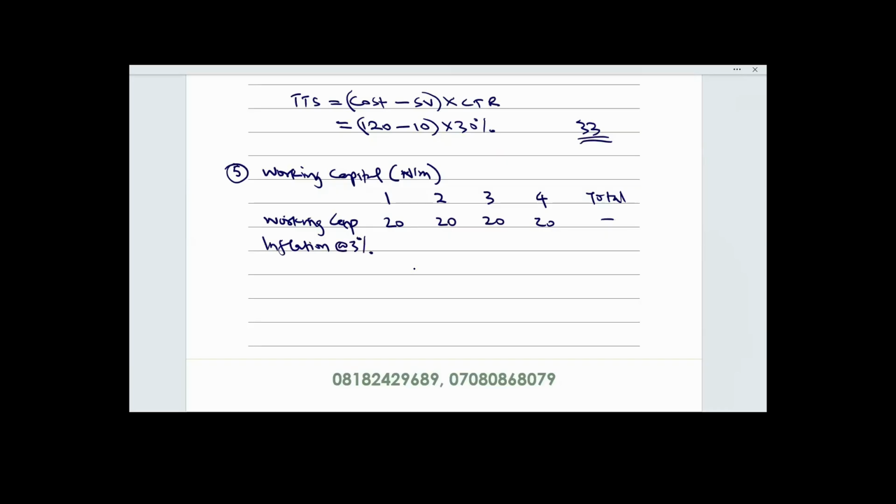So since inflation is 3%, I would then say 1.03 raised to power 0. This 20 million naira is in first year price. That means inflation should start from year 2. So I would then say 1.03 raised to power 1, 1.03 raised to power 2, 1.03 raised to power 3.